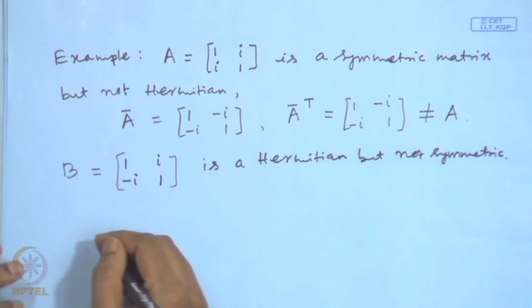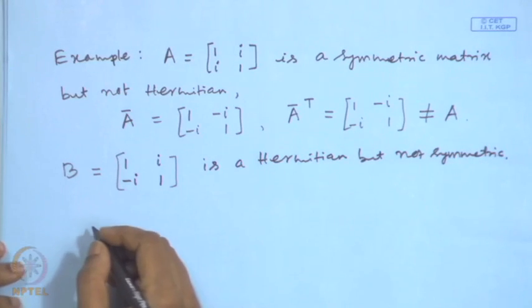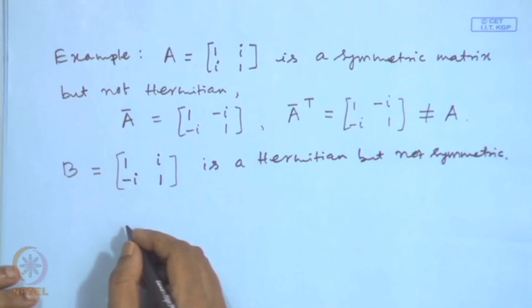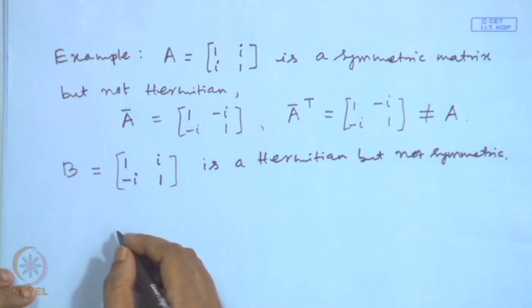So, in the complex case, matrices may be symmetric but not Hermitian, and matrices may be Hermitian but not symmetric.